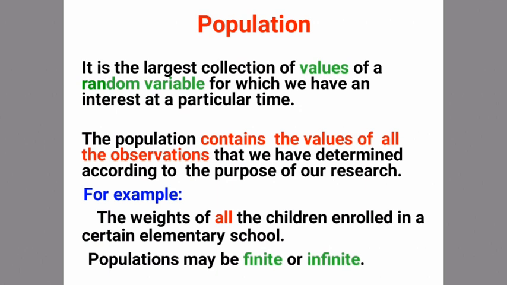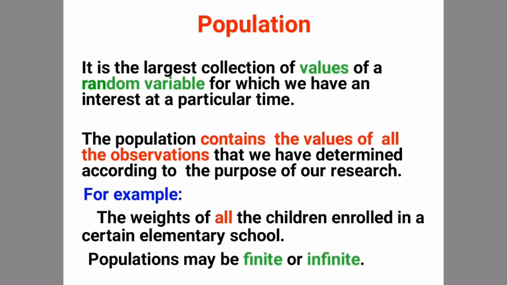For example, if we want to study the height status of your class, all the students of your class, maybe 100 students. Now, the height values of those 100 students is a population. Just 100 students. The number of observations is finite.